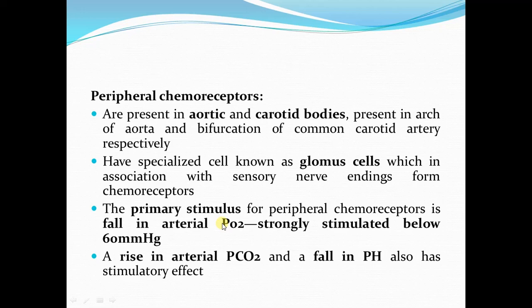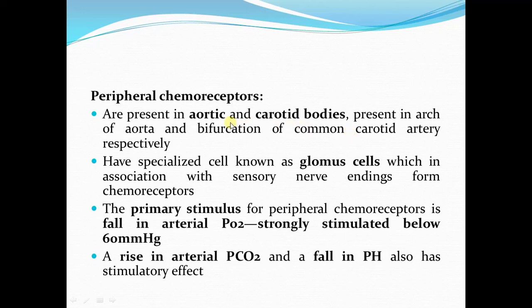First, we are going to see what the peripheral chemoreceptors are. Peripheral chemoreceptors are present in two important locations in the body, the aortic and the carotid bodies. Aortic bodies are present in the arch of aorta, and the carotid bodies are present at the bifurcation of the common carotid artery.